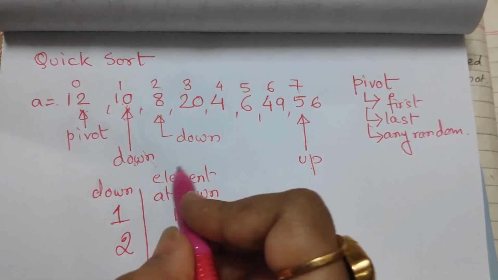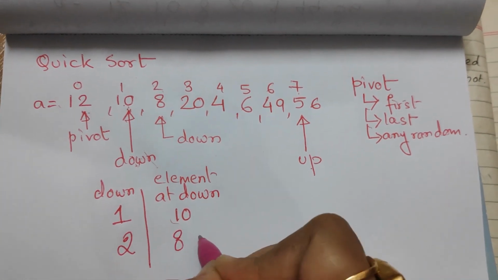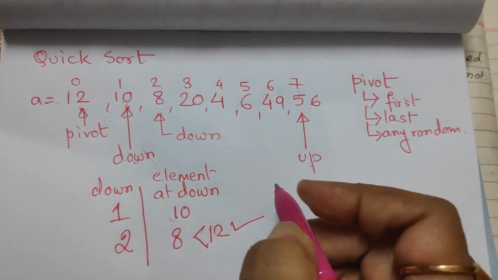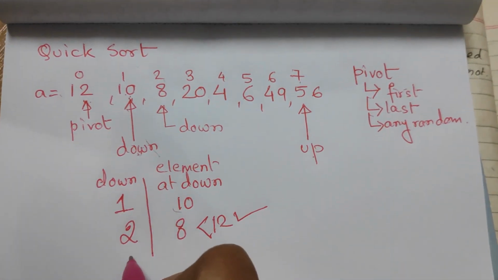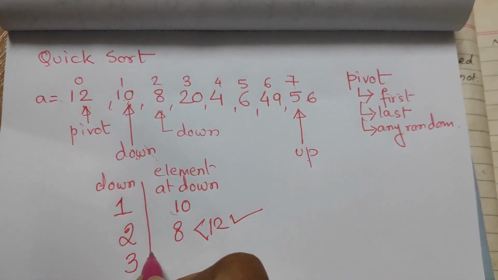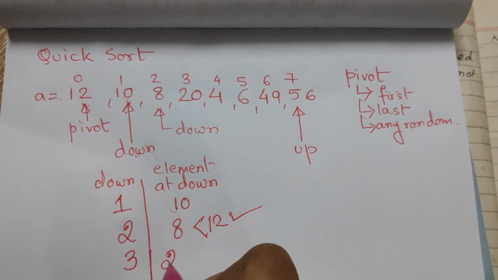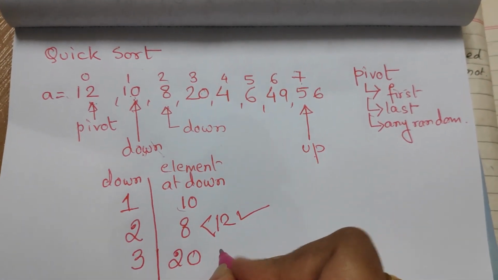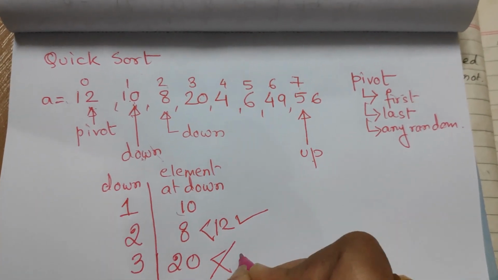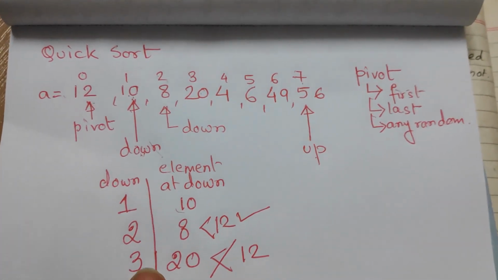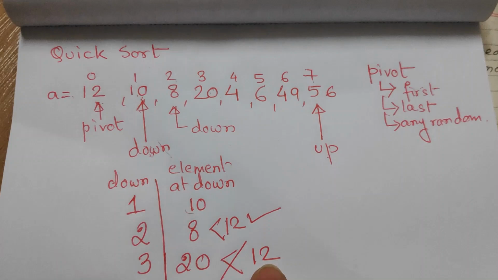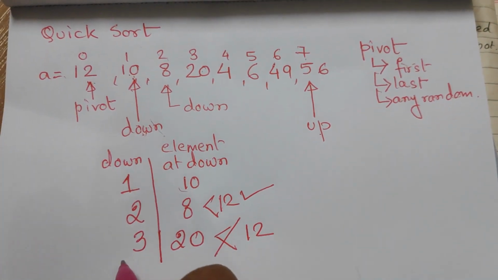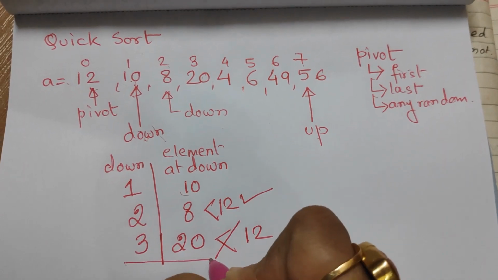At the second index, the value is 8, which is also less than 12. That is correct. So our down value will become 3. At down value 3, the element present is 20, which is not less than 12. So the down value will halt over here.